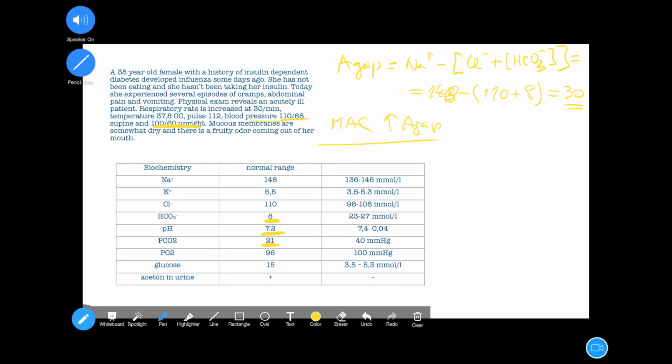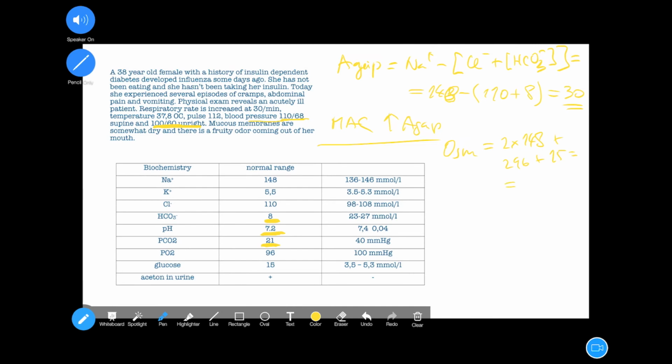Also, you can count osmolarity. We don't have urea over here, but anyways, if you multiply 2 times 148, that's almost 300, so it's 296, plus glucose, which is 15, and you can see it's very high.